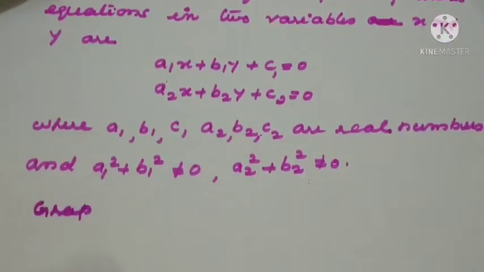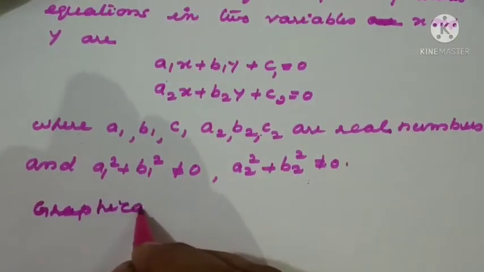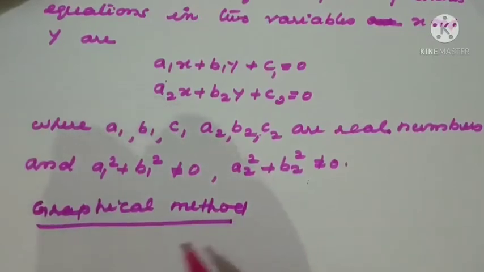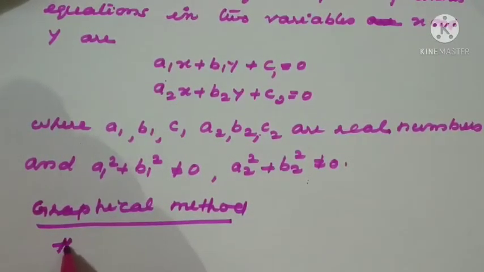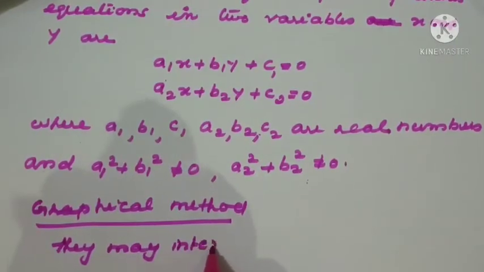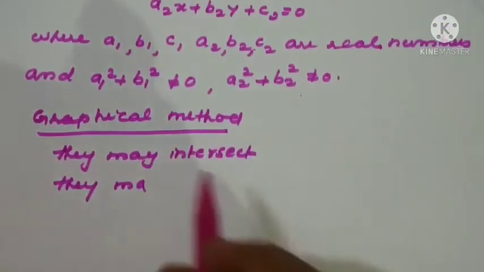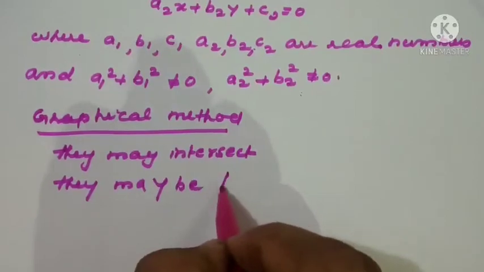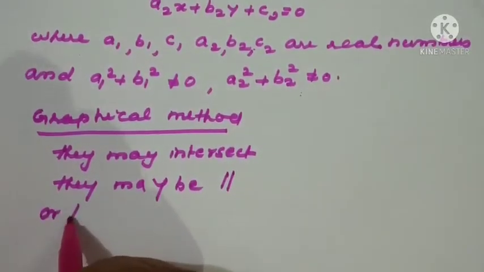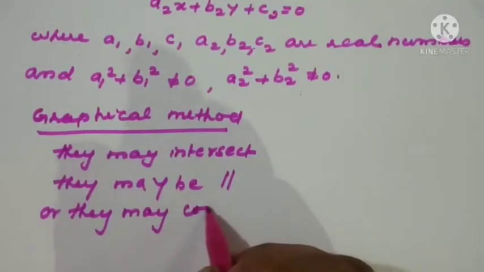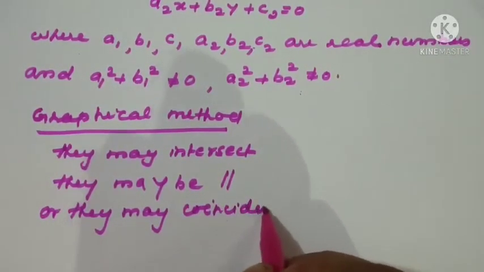They may intersect, they may be parallel, or they may fall on each other, that is coincident, one on the other. These are the three cases we are going to learn.